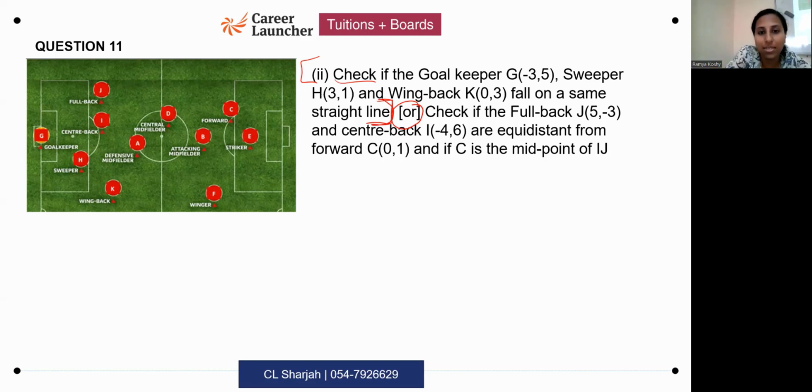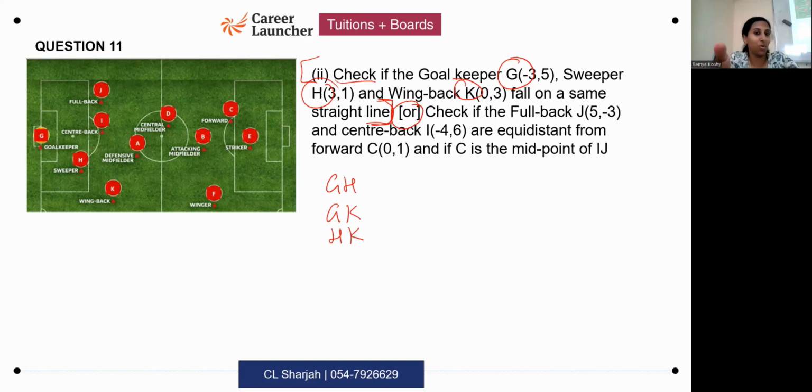What you should do is you find GH, find GK, find HK. You are having 3 points, no? 1, 2, 3. Find all the 3. If it is collinear, what will happen? The sum of the two smallest distances will be equal to the biggest distance.